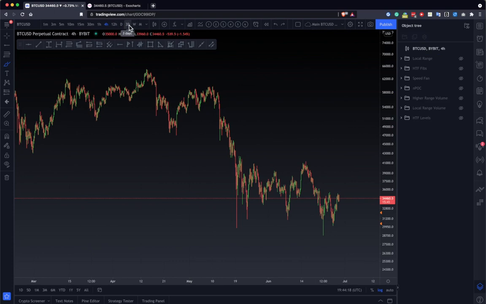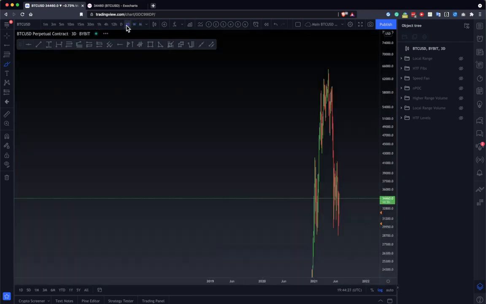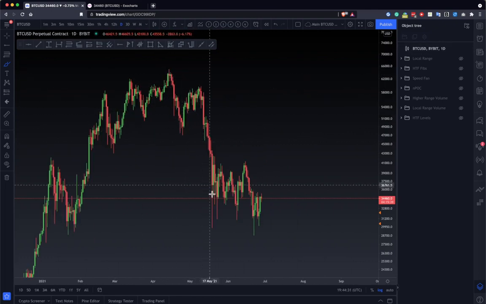Obviously the market structure goes from monthly to weekly and lower time frames. So even here on the daily, all the lows are going lower.